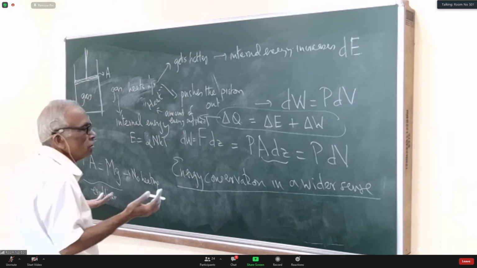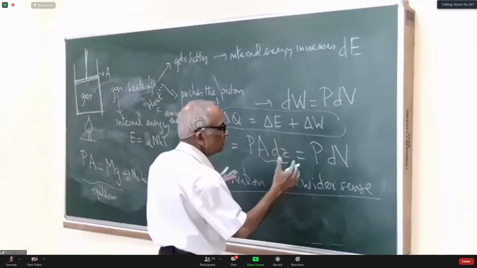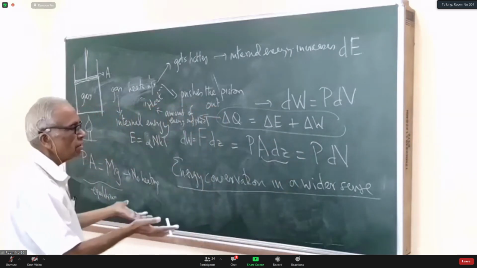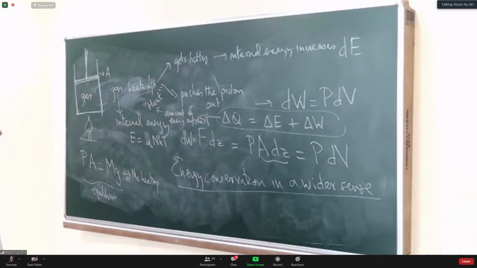It did some work, force applied, moved the piston up, so some delta W. So delta E plus delta W.